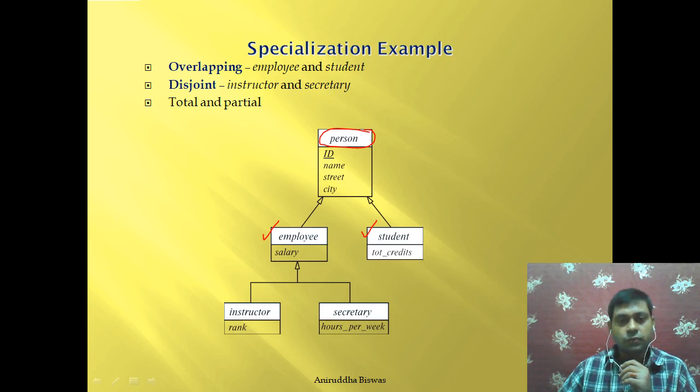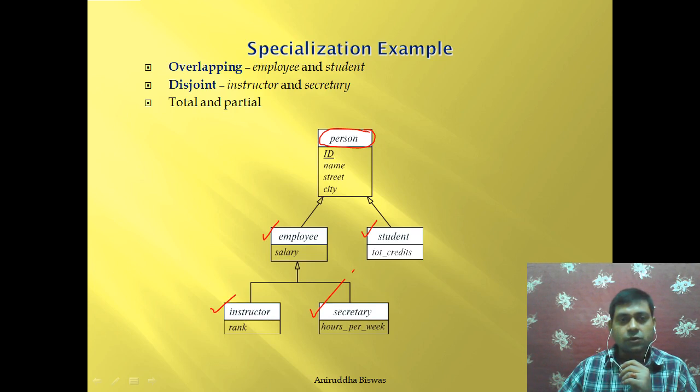So we can say these are overlapping, but instructor and secretary is disjoint specialization, means if an employee is an instructor, at the same time he cannot be a secretary as well.